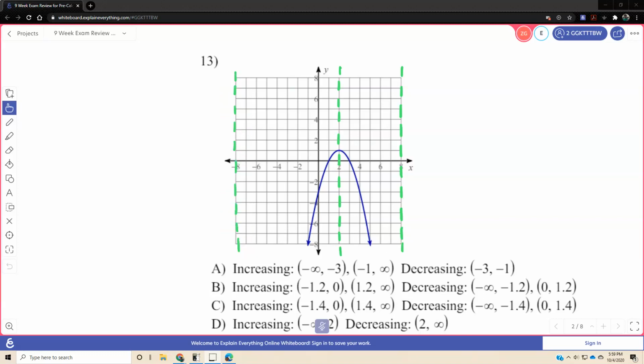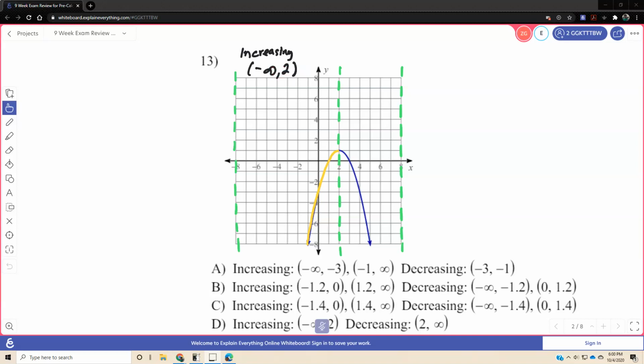So if I use my pen and I trace, going from left to right, I know that my pen is increasing. And it's increasing over what x values? So it's going to be increasing in this interval from negative infinity, all the way up to the value of 2.